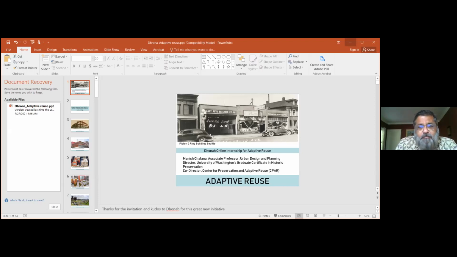But having said that, there are some buildings that have been repurposed that engage the history of the building in wonderful ways.